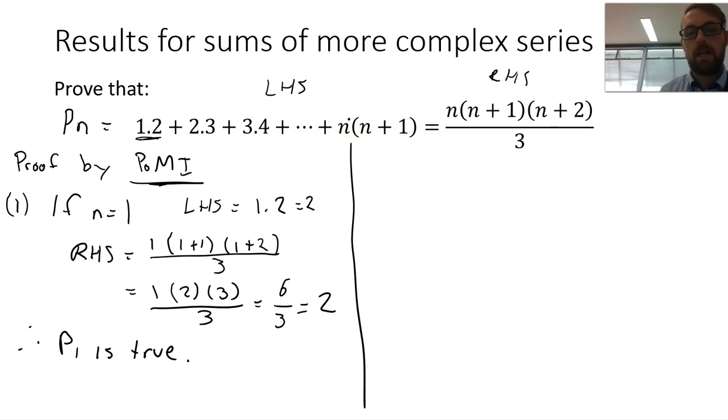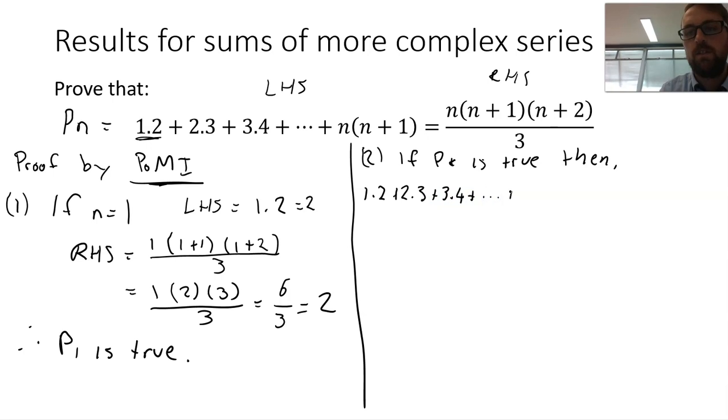So we've done part number 1, now on to part number 2. So we're going to start by drawing that little 2 again. So part number 2, if P of k is true, then we'll write it out. So it's going to be 1 times 2 plus 2 times 3 plus 3 times 4 plus up to n times (n plus 1).